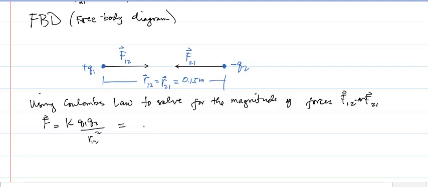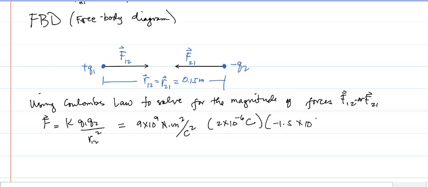Plugging in the values, we have this value for our constant K times Q1, which is equal to 2 times 10 to the negative 6th coulomb, and then negative 1.5 times 10 to the negative 6th coulomb, all over the distance between them, 0.15 meter square.